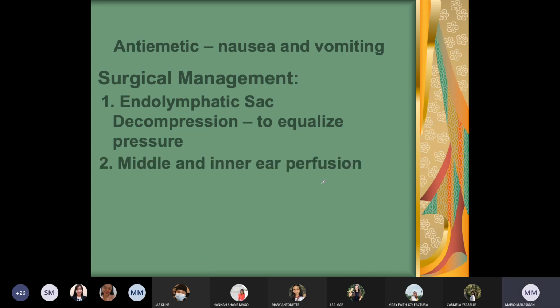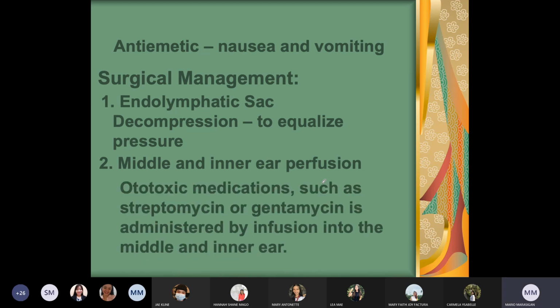Next, middle and inner ear perfusions. Ototoxic medication like streptomycin or gentamicin, they are antibiotic. Administered by infusion into the middle and inner ear.